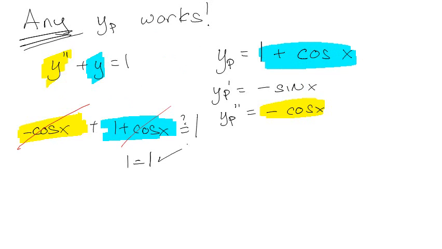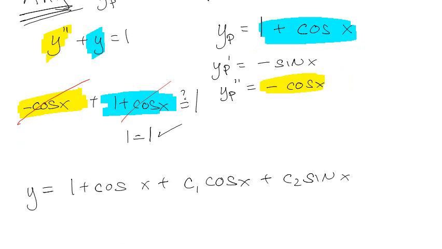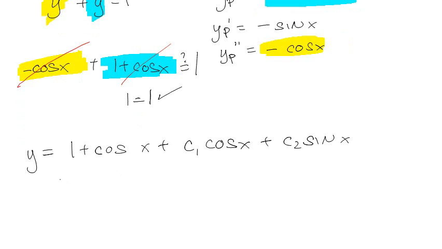We're good to go. So whenever I would make my full solution, I would do my particular solution plus my 2 homogeneous solutions, cosine x plus sine x. Now what's going to happen here? Really the easiest way to say it is that I would have 1 plus c1 cosine x plus c2 sine x.